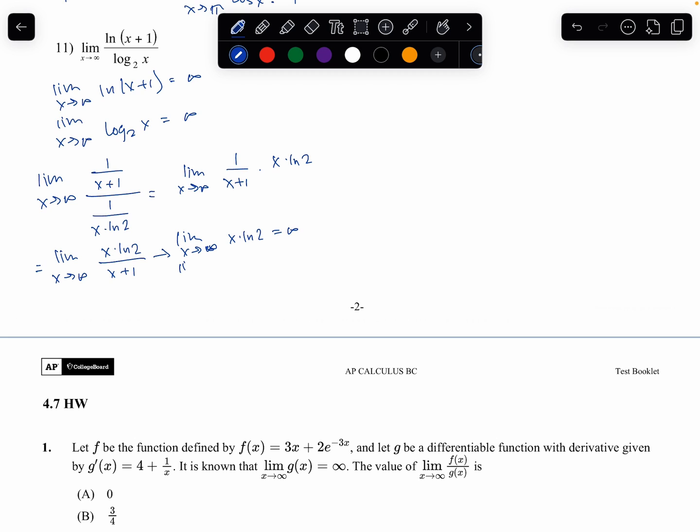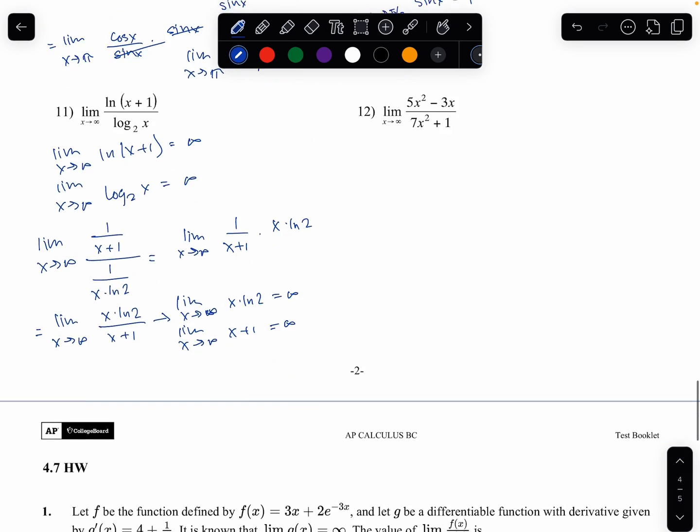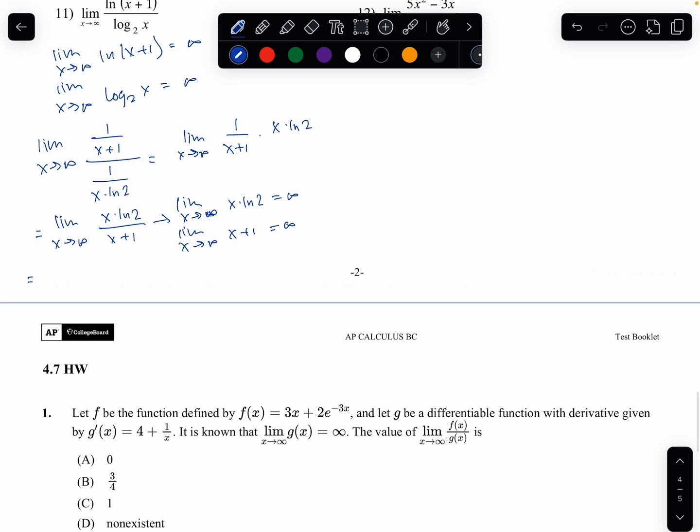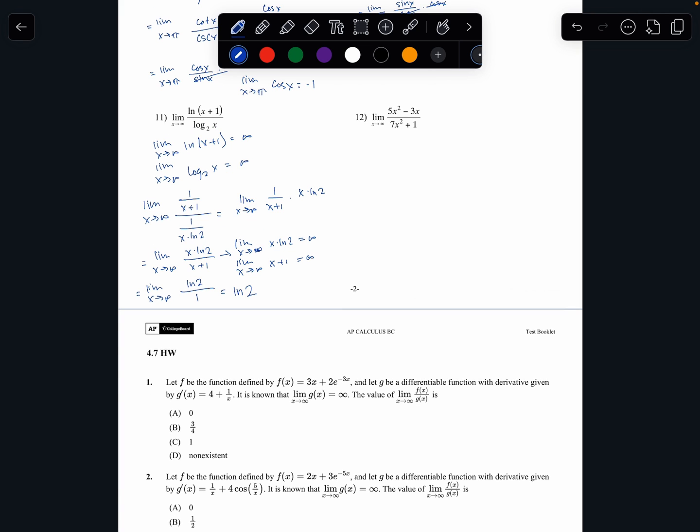And the limit as x approaches infinity of x plus 1 is also infinity, so we can use L'Hopital's rule again. The derivative of x natural log of 2, because natural log of 2 is constant, we can just do the derivative of x, which is 1, times the natural log of 2 over 1, which is just the natural log of 2.